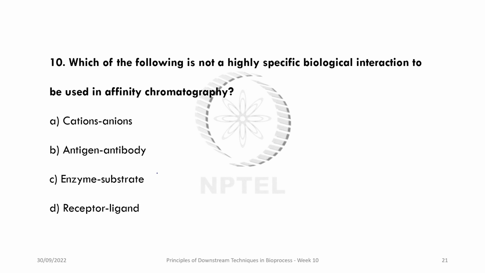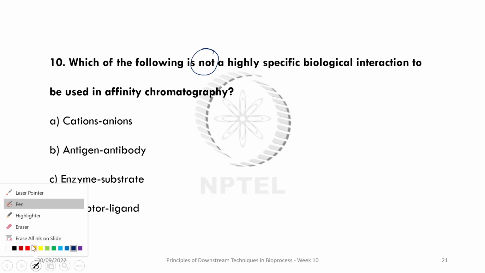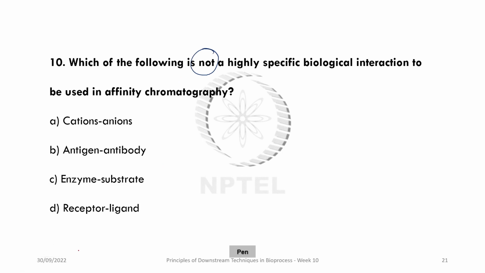Last question of the day, and then you can go enjoy your puja holidays. Which of the following is not a highly specific biological interaction to be used in affinity chromatography? Remember, it's asking for not. Is it cation-anion, antigen-antibody, enzyme-substrate, receptor-ligand?